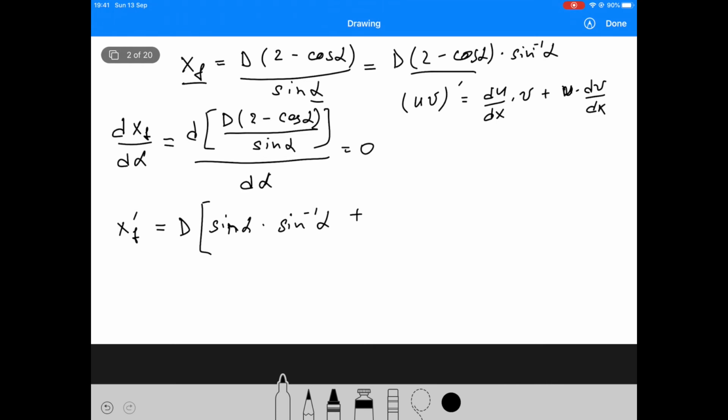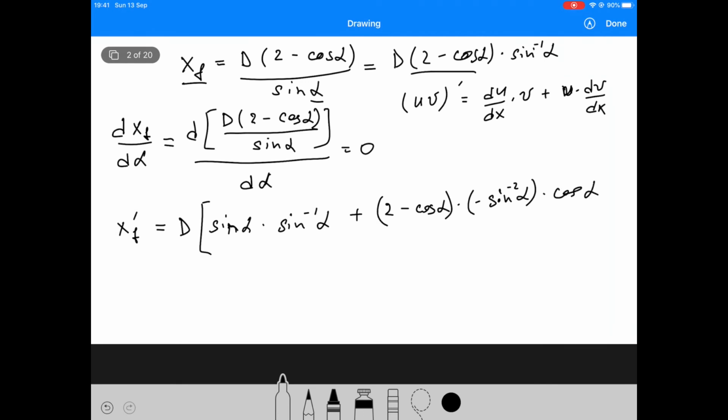We have (2 minus cosine alpha) times minus sine to the minus second power of alpha, and times cosine alpha.